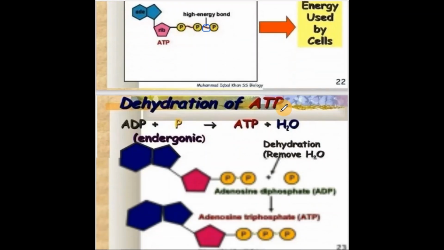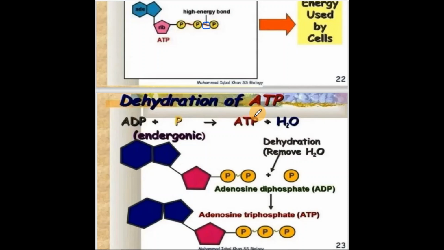The next one is the dehydration of ATP. These two reactions are coupled because you need hydrolysis of ATP to fuel dehydration of ADP and phosphate to form ATP and water back. If I dehydrate, I remove a hydroxy group from the ADP and a hydrogen from the phosphate to form water. Then that bond can link up to form another phosphoanhydride bond to form the ATP molecule.